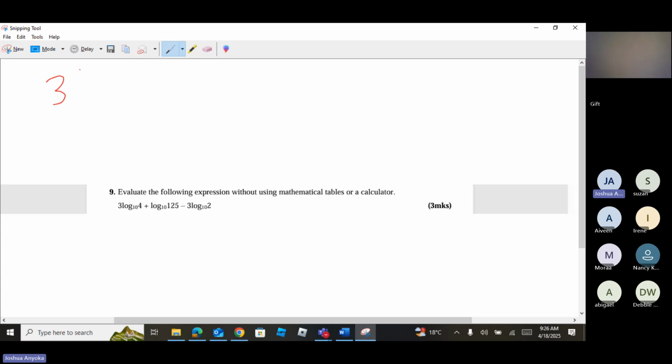So we have 3 log base 10, this one is the same as 2 to power 2, plus log base 10 125, it is 5 squared, minus 3 log base 10 2.